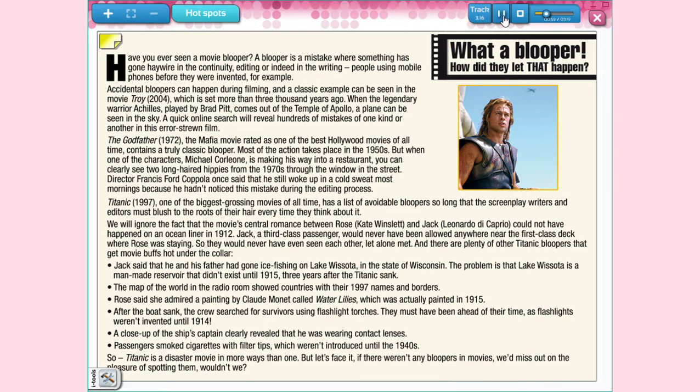Most of the action takes place in the 1950s, but when one of the characters, Michael Corleone, is making his way into a restaurant, you can clearly see two long-haired hippies from the 1970s through the window in the street. Director Francis Ford Coppola once said that he still woke up in a cold sweat most mornings because he hadn't noticed this mistake during the editing process.